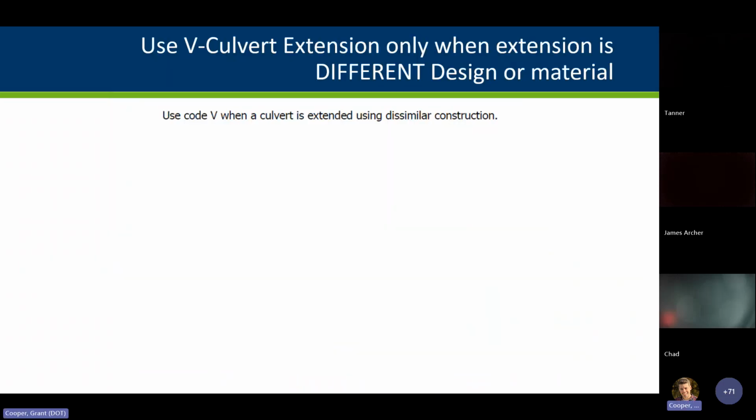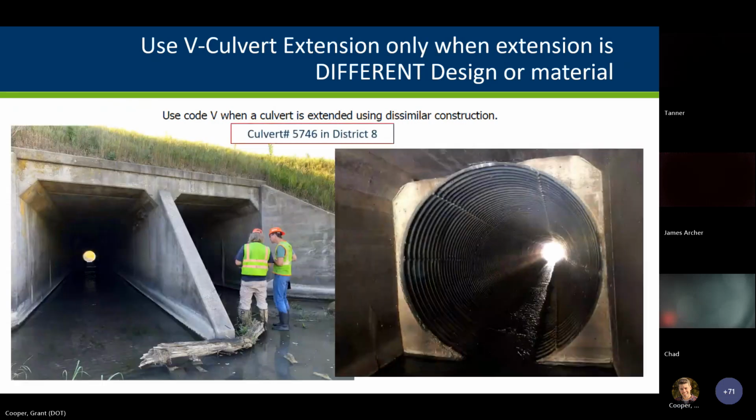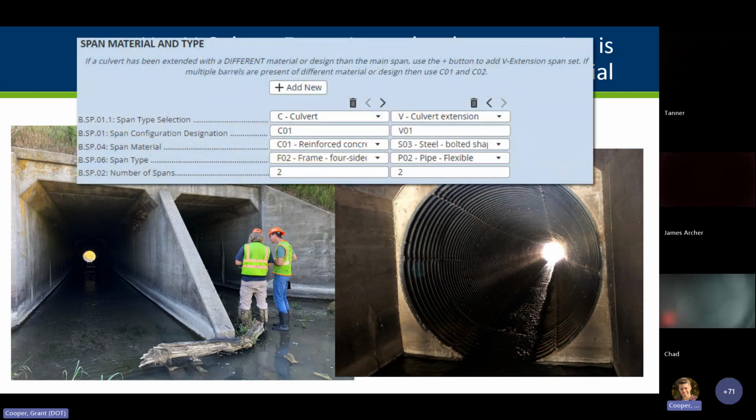When to use V, culvert extension. It's only when the culvert is extended with a different material or design. Some examples of this. This structure was originally a reinforced concrete box culvert, which was extended with a steel pipe culvert.